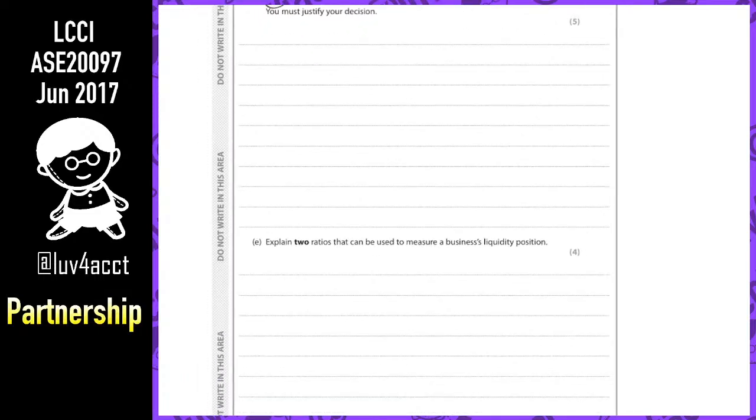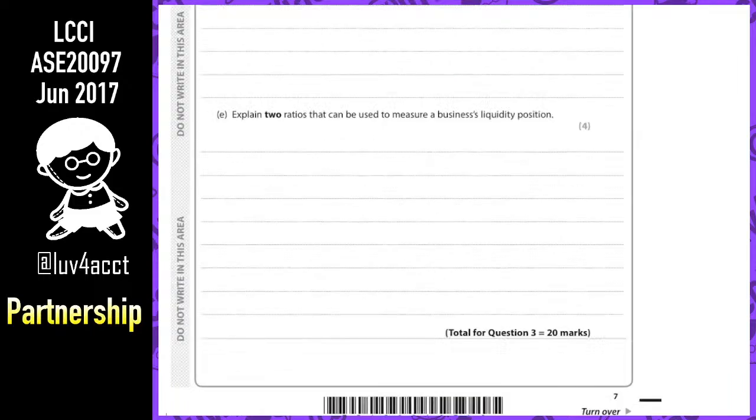Next one, explain 2 ratios that can be used to measure a business liquidity position. Liquidity, of course: the current ratio and the acid test ratio. The two are very similar. One is whether you can repay liabilities using your current assets.